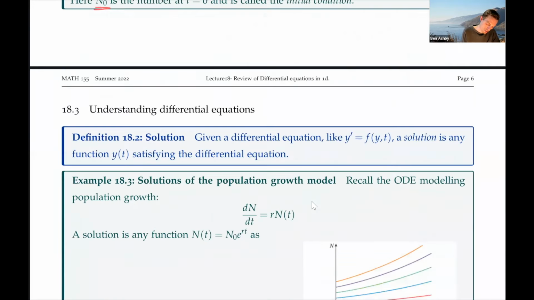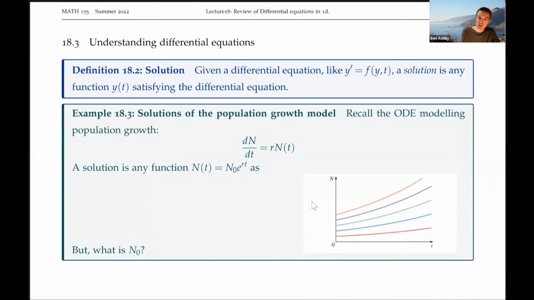So let's talk a bit more about what it means for a function to be a solution to a differential equation. What it means essentially is if we take the derivative of that function, then we end up with our differential equation. Okay, so if we think about our model dn dt is equal to r n of t, so if we take our derivative of our function, so let's take d by dt of our proposed solution function n naught e to the rt.